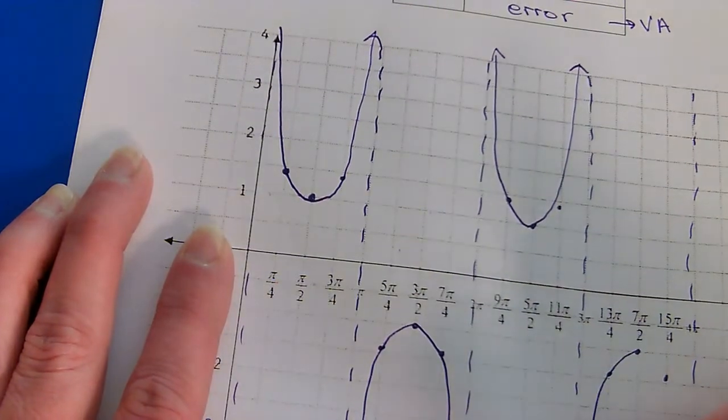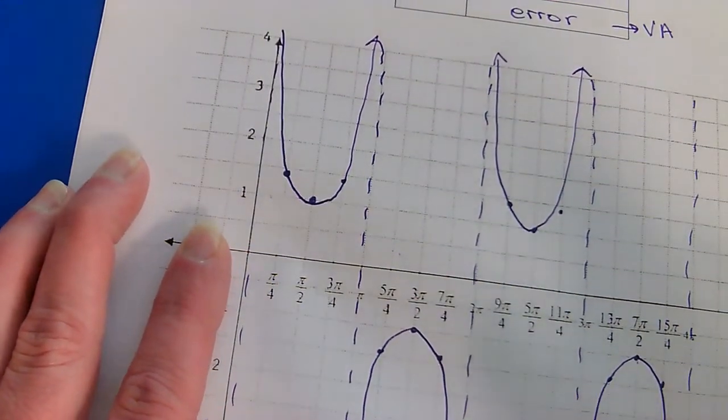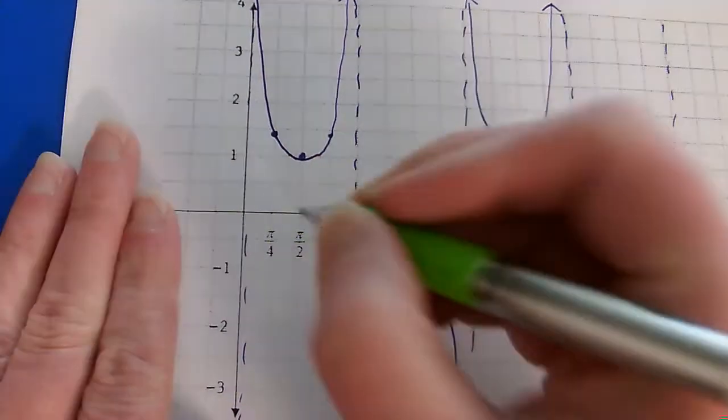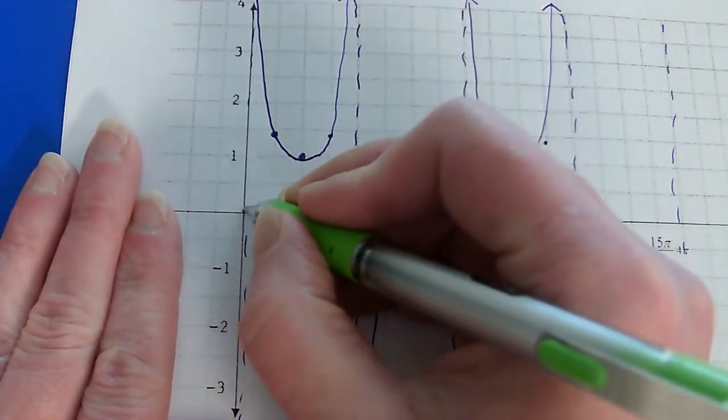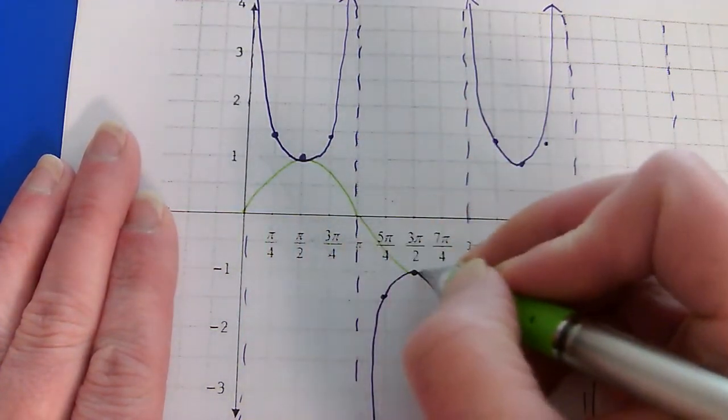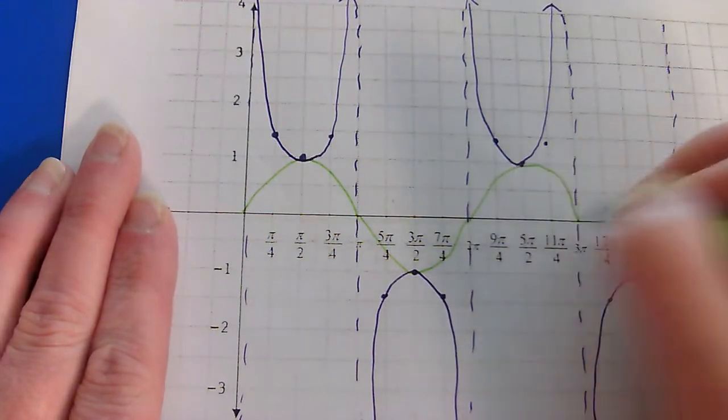Now I'll show you also how I see this graph, the way I think of it sometimes. If I draw sine, started here and then went up here and then down here and down here.